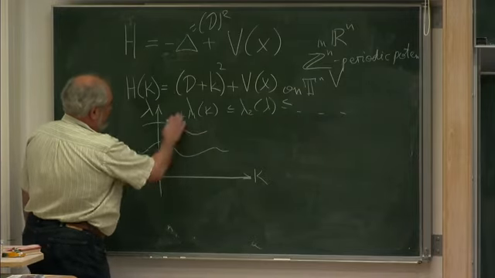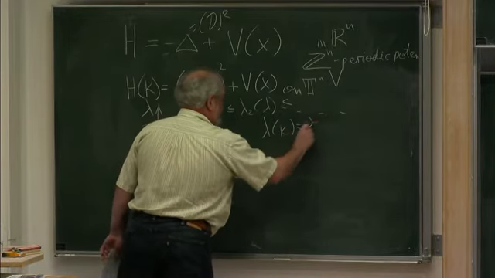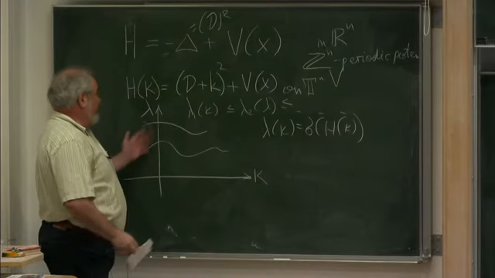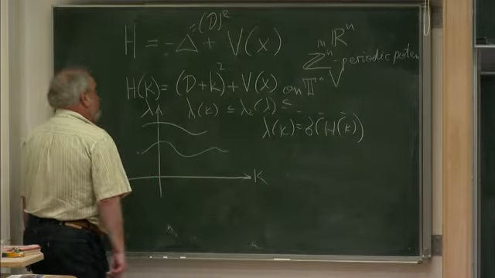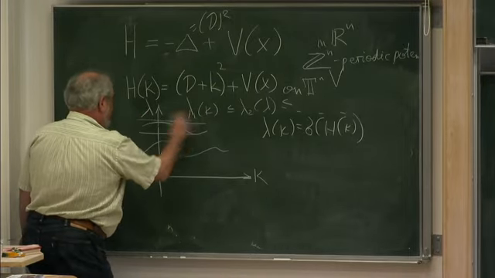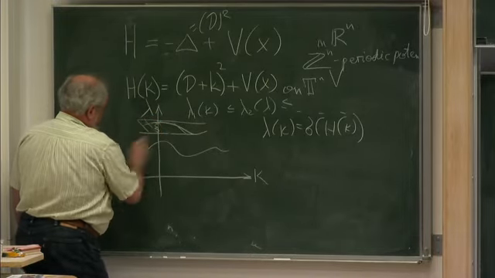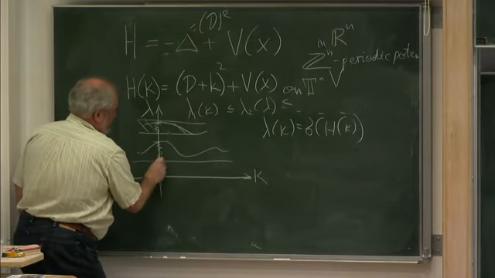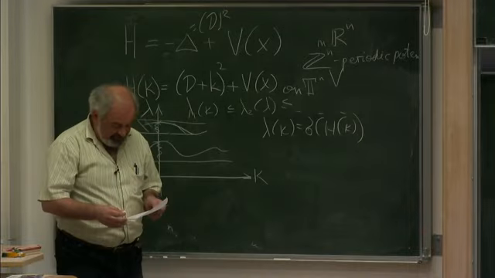You can consider lambda of k, the spectrum of H of k, as a multiple valued function of k. And the range of this function is the spectrum of our original operator. So if you project those bands onto the spectral axis, you will get the spectrum, something like this, which correspondingly has band gap structure.